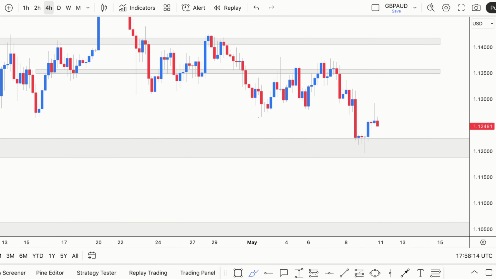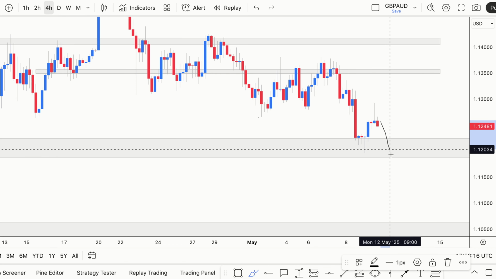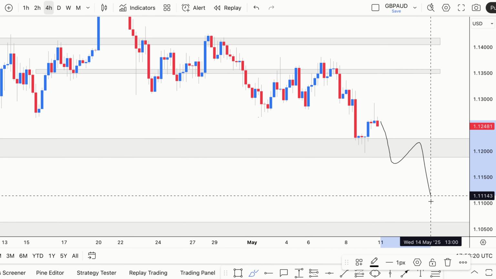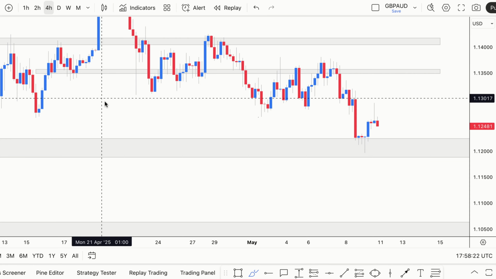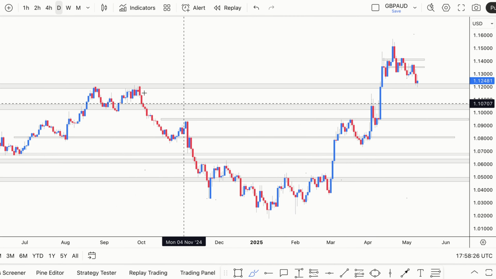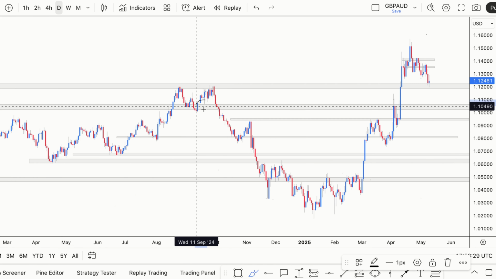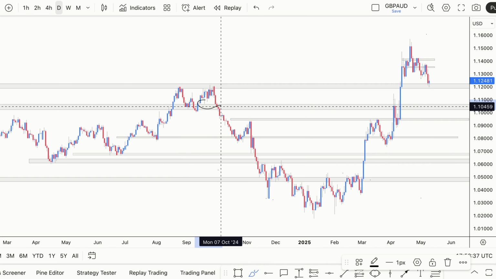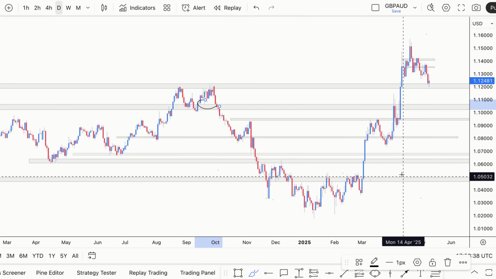If it breaks below here, then I would look for a potential opportunity on a pullback or retest to catch that wave down, because that would give me the confirmation I need. Looking to the left, if we break below here, we could head down towards these levels, anywhere between 1.07 to 1.05. Those are areas I would look for potential targets. And we just play it like that.